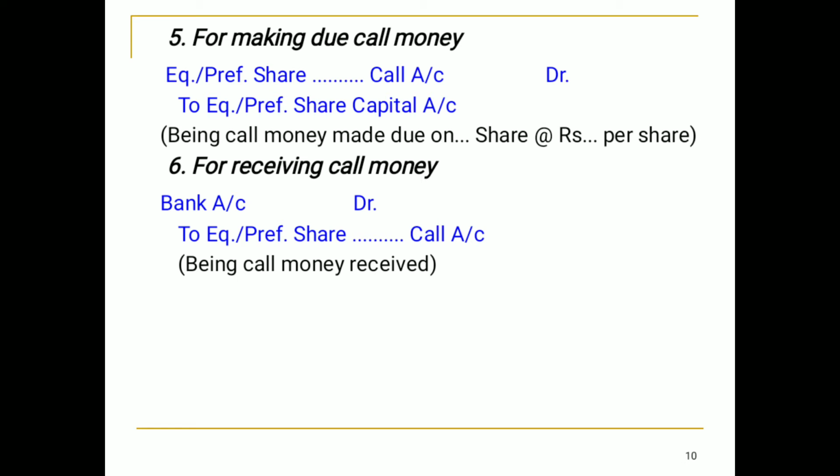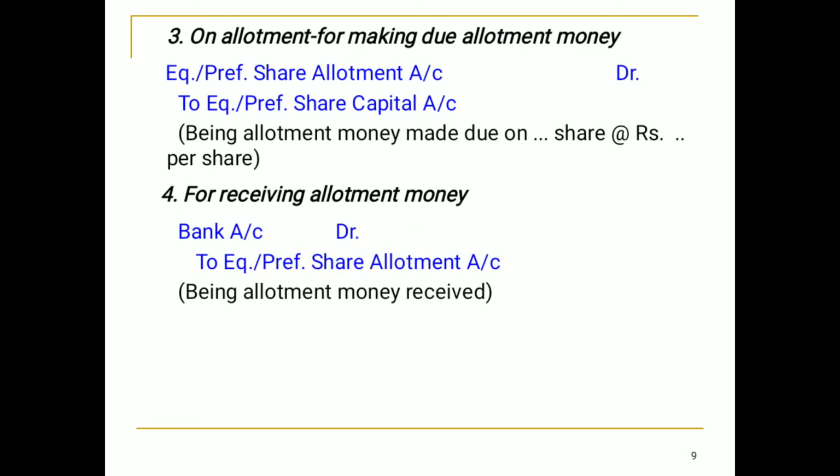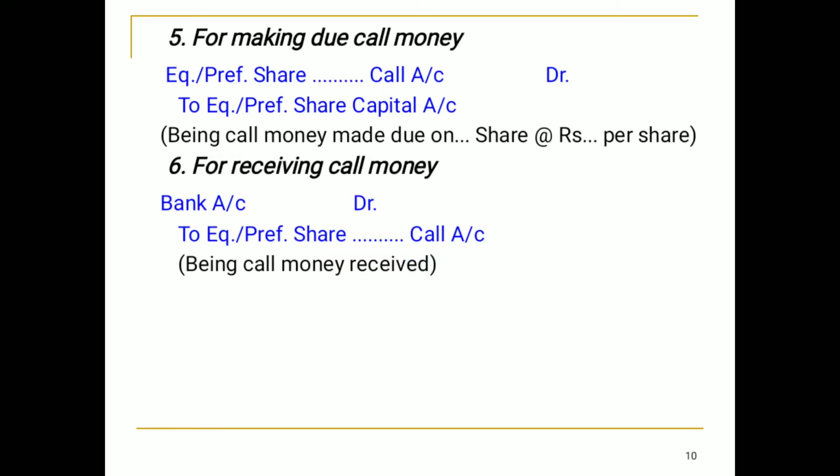Yes? So, fifth journal entry, once the amount of allotment is received, then for call money. So, the journal entry for making call money due is preference share call account debit. Which call?